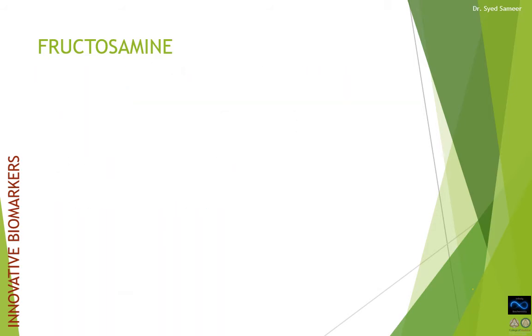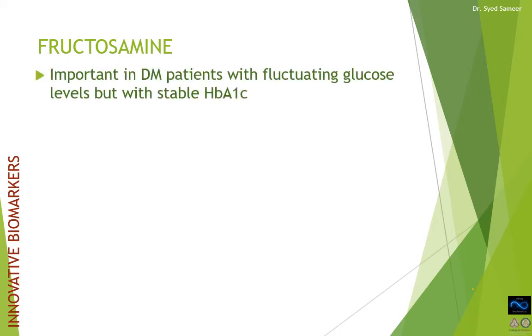So the advantage of utilizing fructosamine over other biomarkers, especially over HbA1c, is specifically reflected in those DM patients who have fluctuating glucose levels but with stable HbA1c. If you utilize HbA1c only in these patients, you will not be able to ascertain whether the glycemic control is good or not.